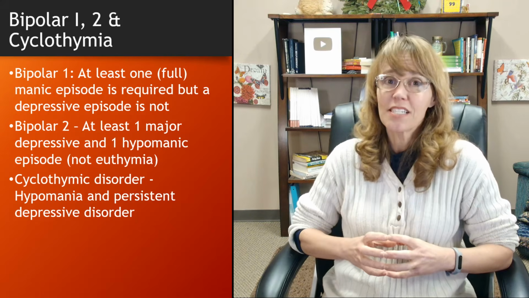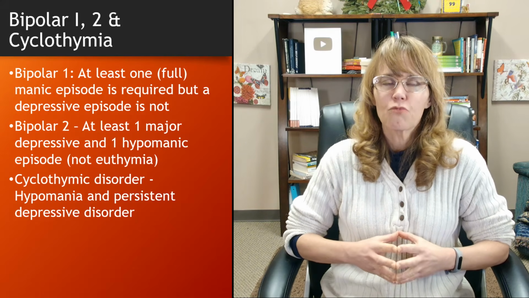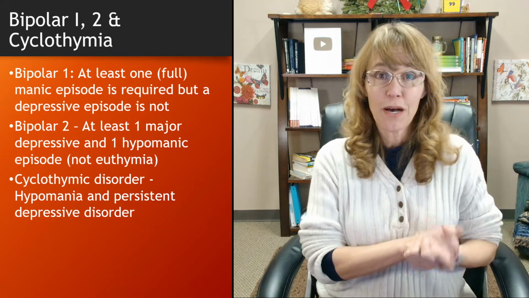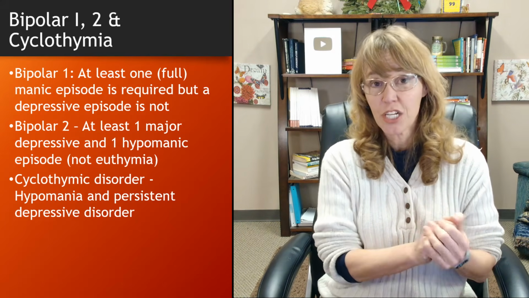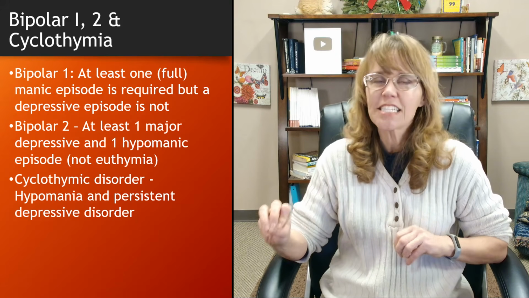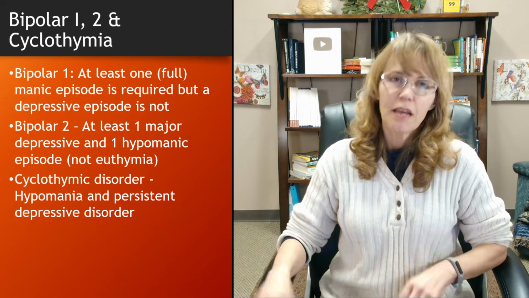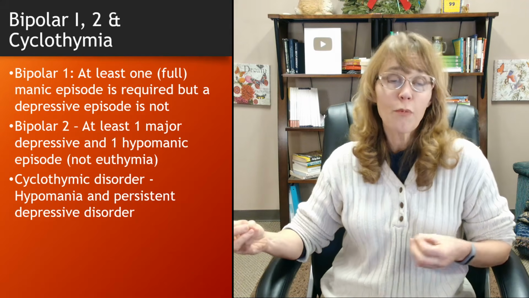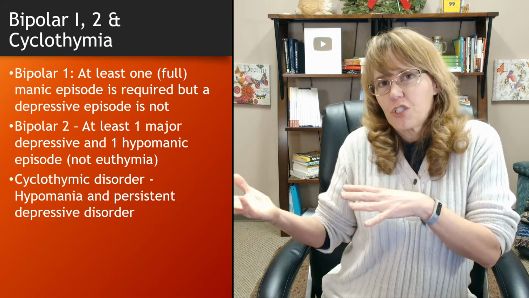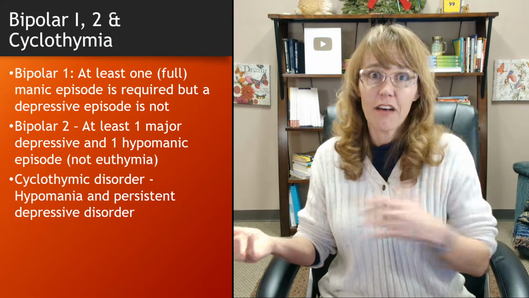Cyclothymic disorder, or cyclothymia, is when the person has hypomania, and we already talked about what that was, a less intense version of mania, and persistent depressive disorder that lasts for at least 2 years. Persistent depressive disorder is what we used to call dysthymia, which is the depression version of hypomania.